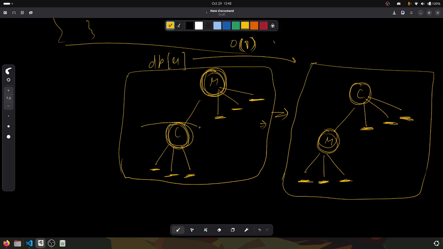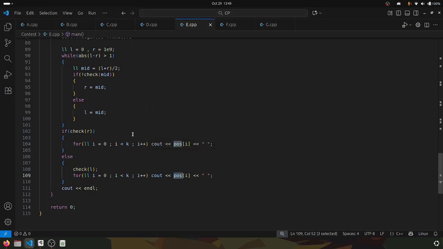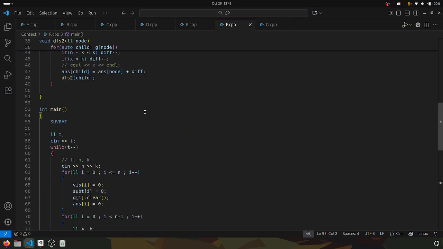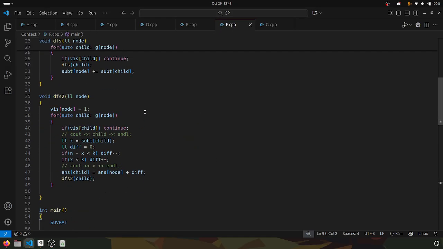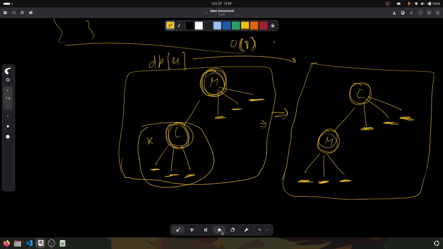Let's say that the subtree of C initially had x elements. So there will be n minus x remaining elements, right?